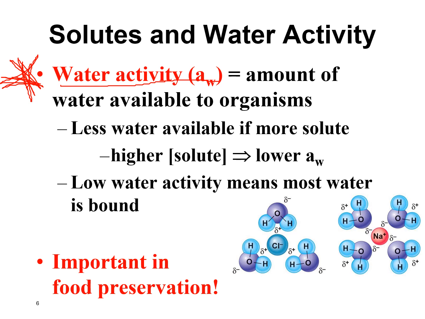So the more solutes that are around, the more things that are dissolved in the water, the water likes to stick to the solutes, and that makes less water available. So the higher the solute concentration, the less water is going to be available for the organisms to use. Okay, so that would mean there's lower water activity. And this is going to be very important in food preservation.